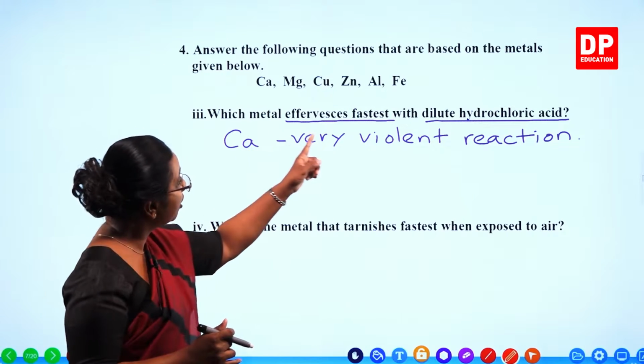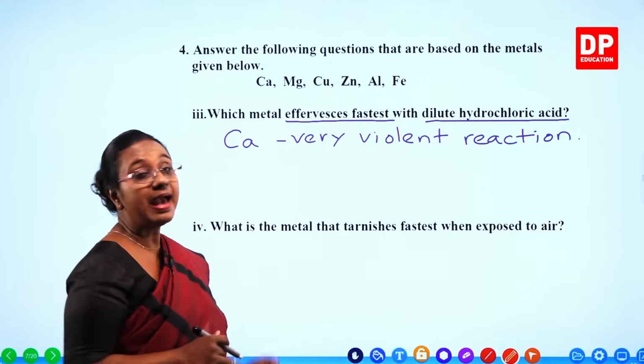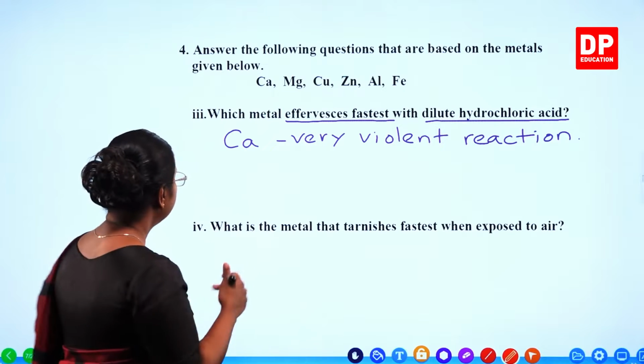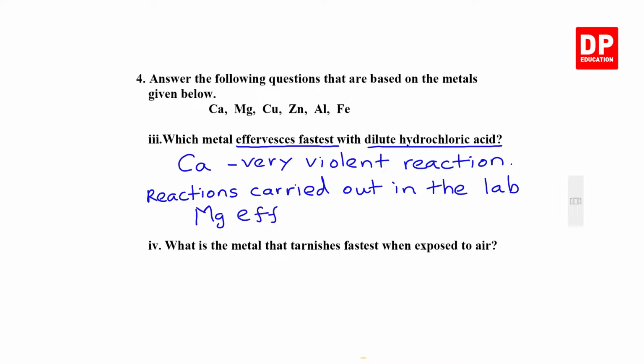But out of all the reactions that we did, it is magnesium that effervesces fast. So here I'll say, reactions carried out in the lab, magnesium effervesces fast.